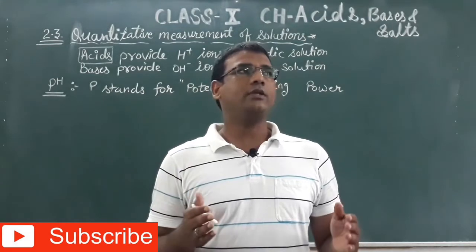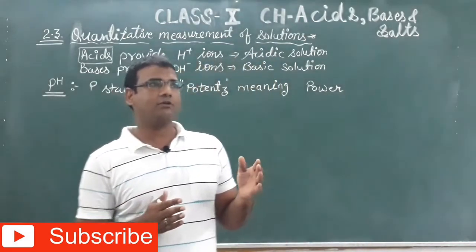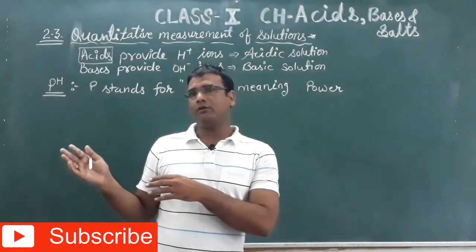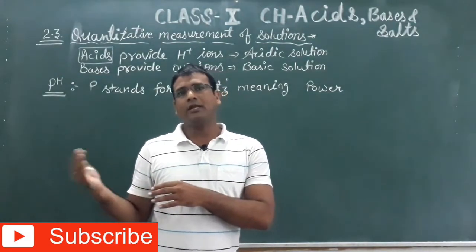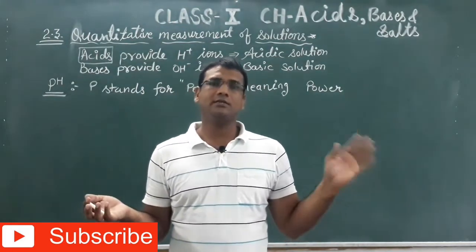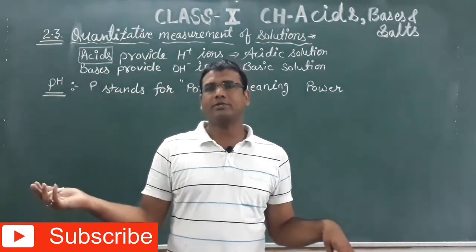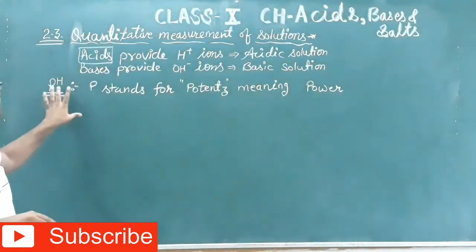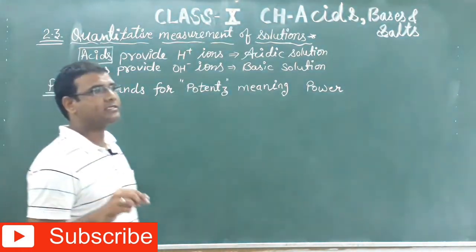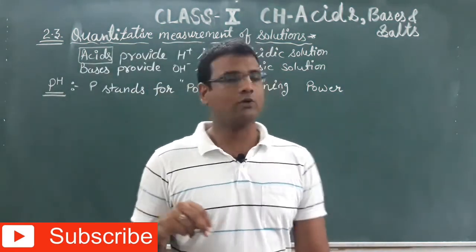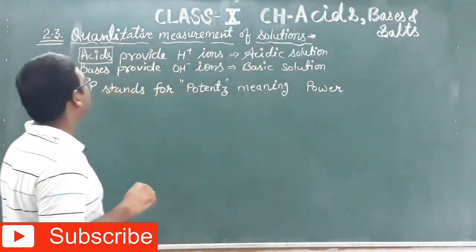If one substance measures 5 gram and another substance measures 10 gram, then we easily say that this substance is lighter and this substance is heavier. In the same way, pH is also a quantitative measurement of acids and bases.